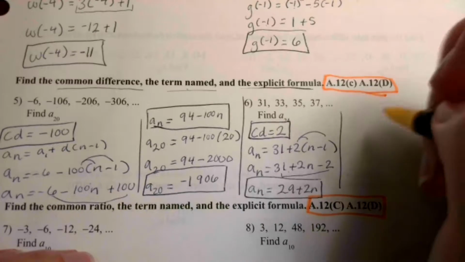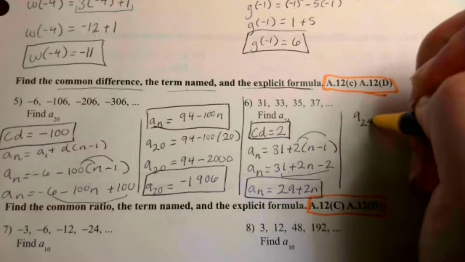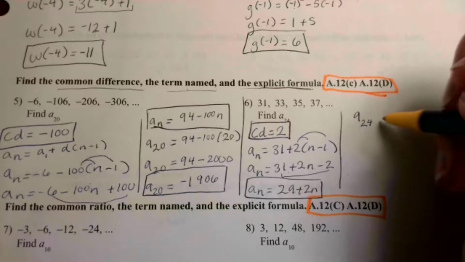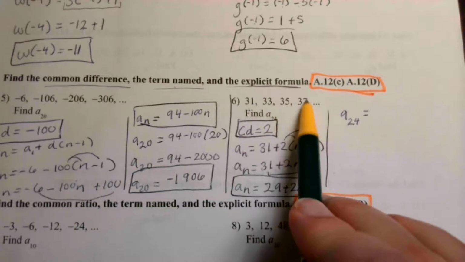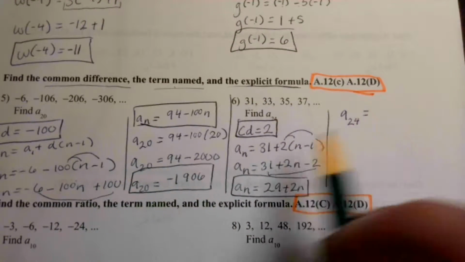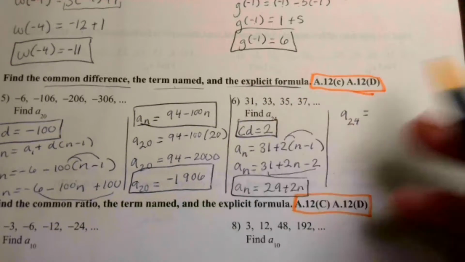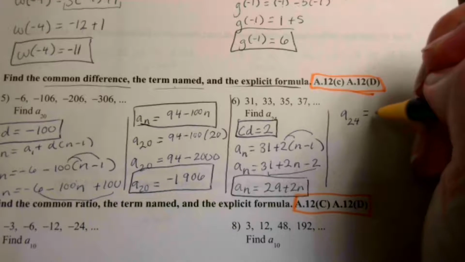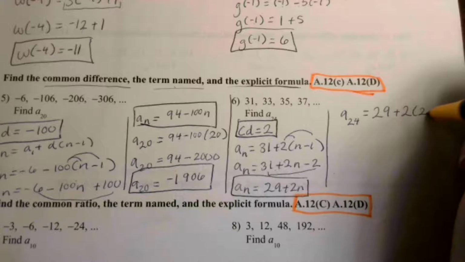Now I need to find the term named. A sub 24. So that means the 24th term, which means if we went through and added 2 24 times, that's a lot of times to be adding it, where would we end up? So this is our first, second, third, fourth. Does anybody want to do that? Because I'm not a big fan. 2 times 24.